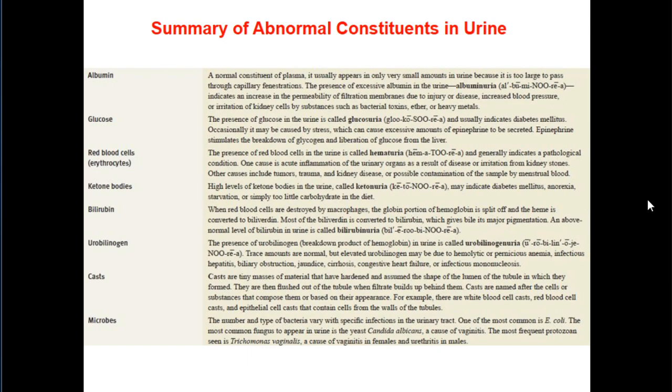Formed elements should also be absent because they are not filtered through the filtration barrier. And if RBCs are present in urine, that's what is called hematuria. Also in final urine, no microbes should be present.